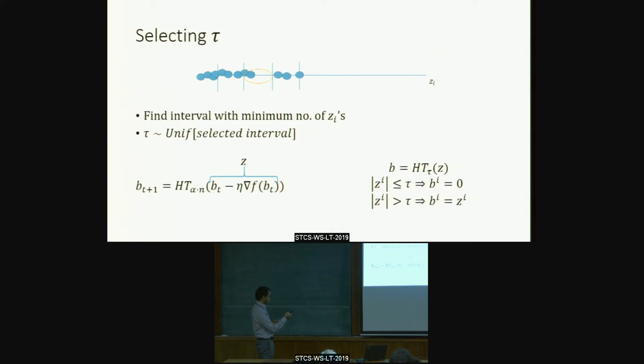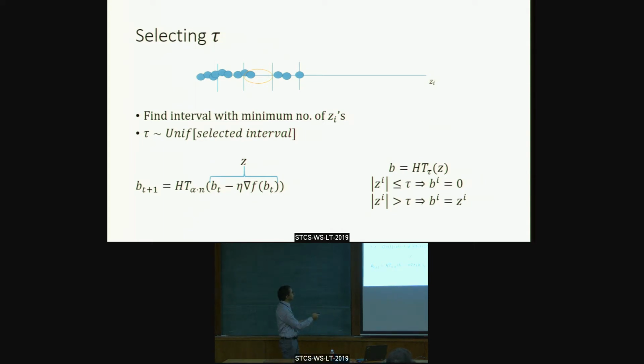So the idea is that you plot all these zi's onto this interval, on this timeline, and then you break this into sub intervals, and we will find a sub interval which has the smallest number of zi's, and within that sub interval we will again do some randomization. That is, we will select a tau uniformly in this sub interval.